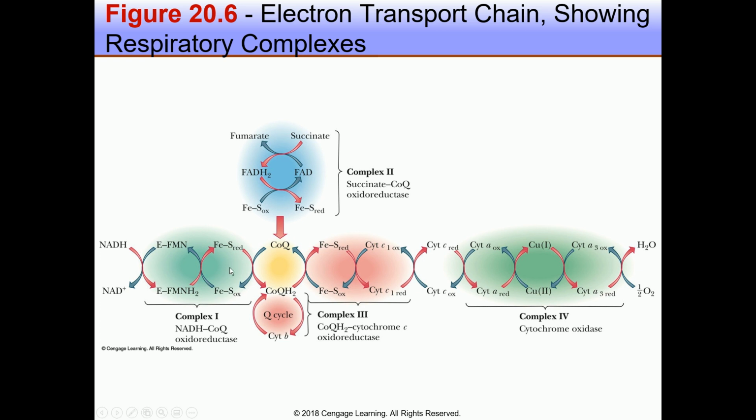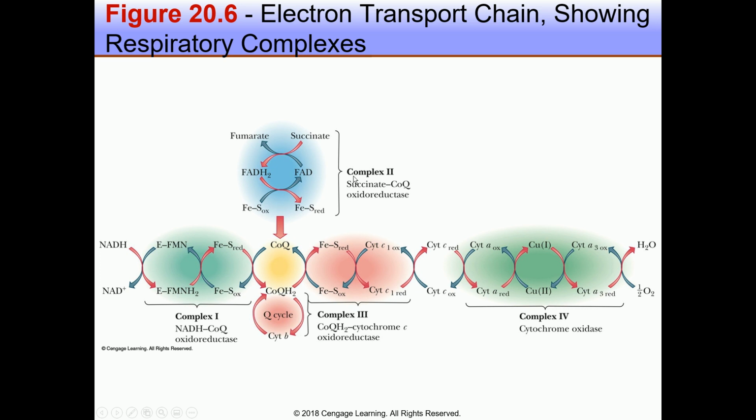Then these flavoproteins themselves get oxidized, and they reduce the iron sulfur proteins, and then this complex number 1 delivers the electrons to coenzyme Q. Then this coenzyme Q also gets the electrons from complex number 2.